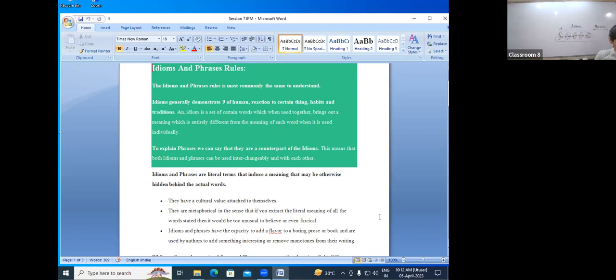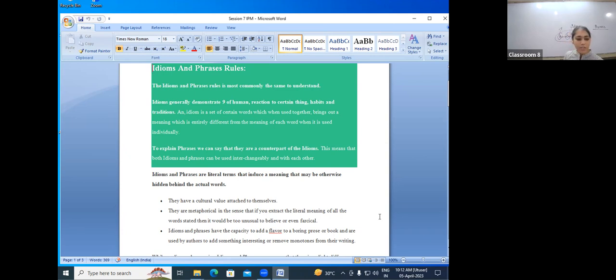Idioms have creative meaning of phrases. What Satvika said is that idioms have separate meanings. In phrases, what she meant is that we combine it, and then it makes sense.